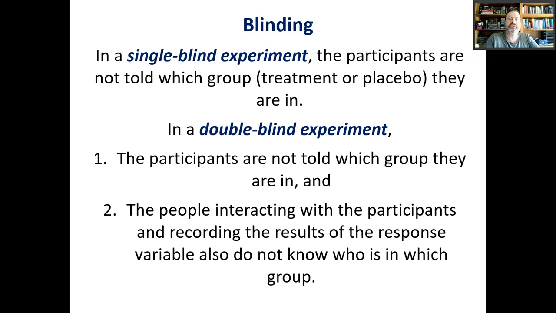But if you're trying to learn something about human behavior, especially psychology, or human medicine, there are many hidden things, unconscious things going on that you might not notice. So you should always just be careful and be safe and do a double-blind experiment so that there's no biases that creep in without your knowledge.